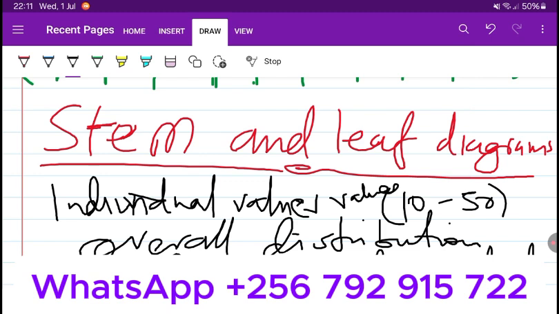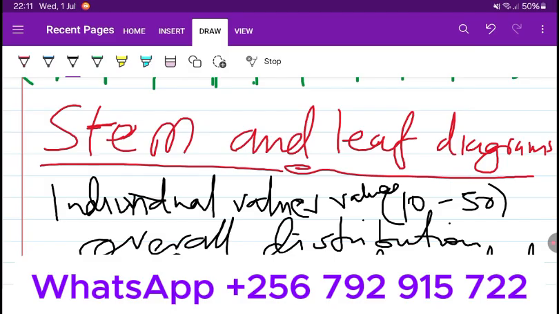So the stem and leaf diagram or plot is a method of organizing data, and is a combination of sorting but at the same time graphing. So you sort the data set and then you graph the data.